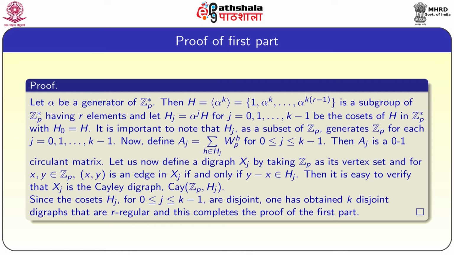Then it is easy to verify that Xj is a Cayley digraph, that is Cayley(Zp, Hj). Since the cosets Hj for 0 less than or equal to j less than or equal to k minus 1 are disjoint, one has obtained k disjoint digraphs that are r-regular, and this completes the proof of the first part.